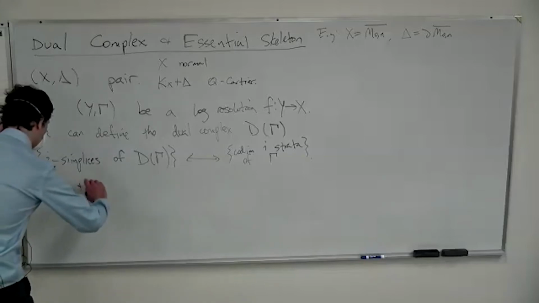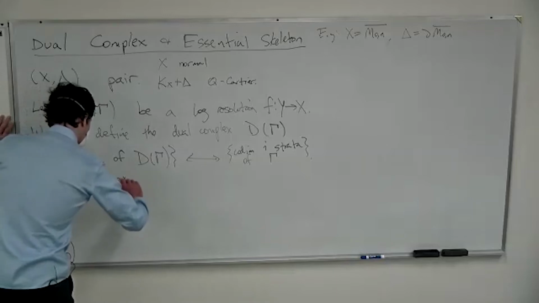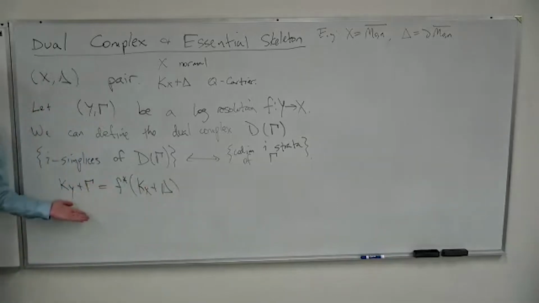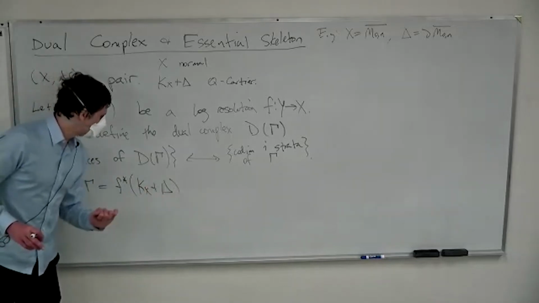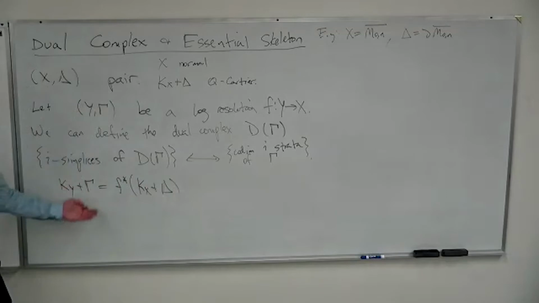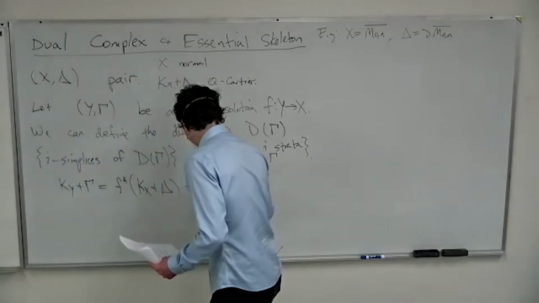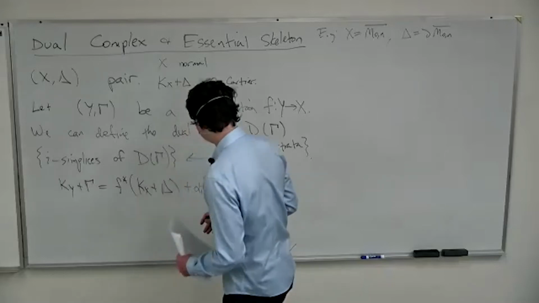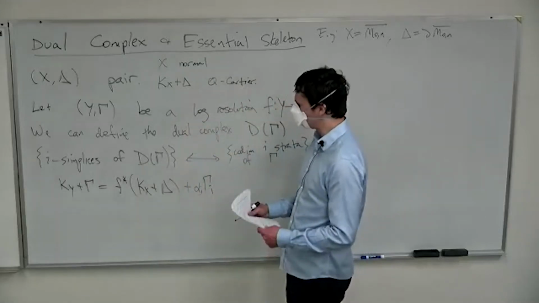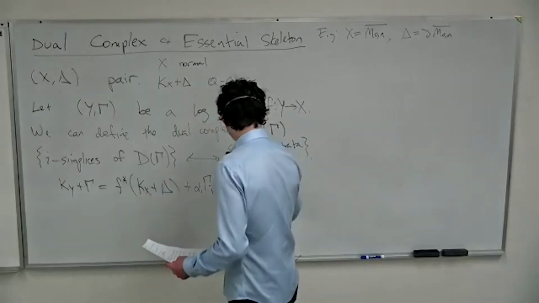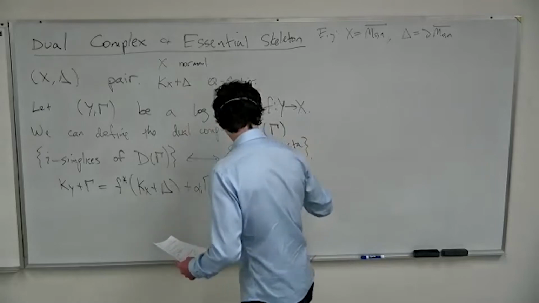You get K_Y plus Gamma equal to f^* of (K_X plus Delta) plus the sum of alpha_i Gamma_i, because these have to agree pretty much everywhere except on the components of Delta and on the exceptional divisors, which are the components of Gamma themselves. The idea is these alpha_i control how bad the singularities of my original pair were. These alpha_i are the log discrepancies.